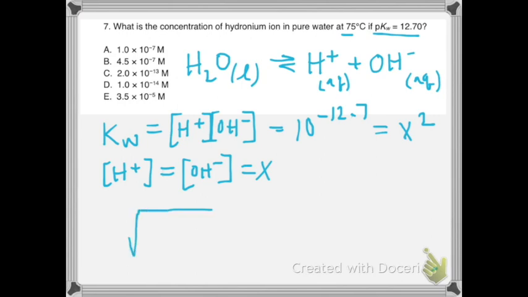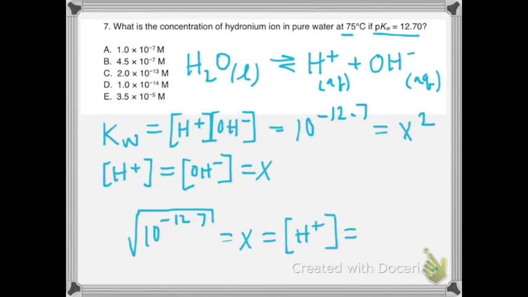So if we take the square root of the 10 to the minus 12.7, we get x. And they're asking us about hydronium ion concentration, which is synonymous with the concentration of H plus ions.